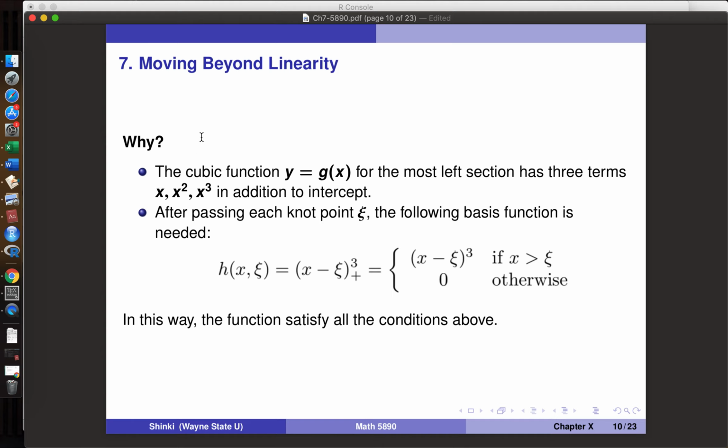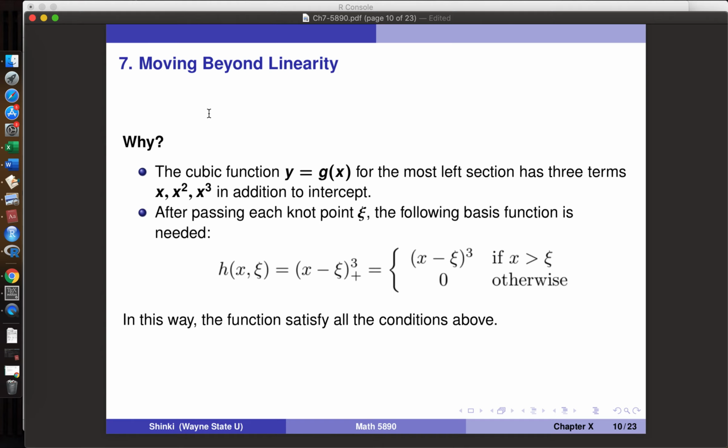And we think about one node point, and then we just cross the node point. What happens next? Next one is also a cubic curve, so we may need 4 parameters. But remember that we have three conditions: the continuity, first derivative, and second derivative. So basically, we lose three parameters because of that.